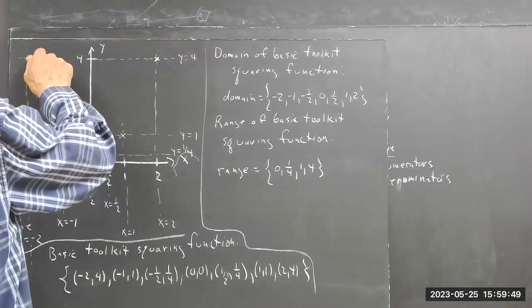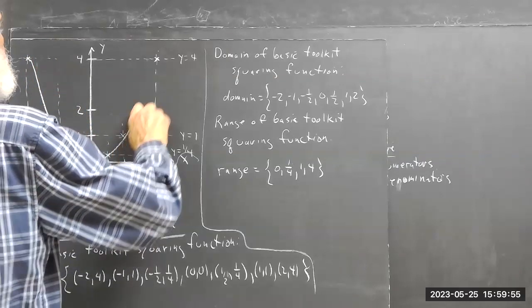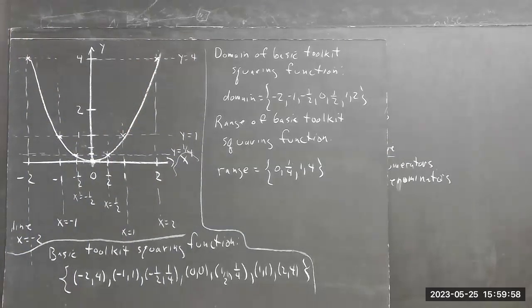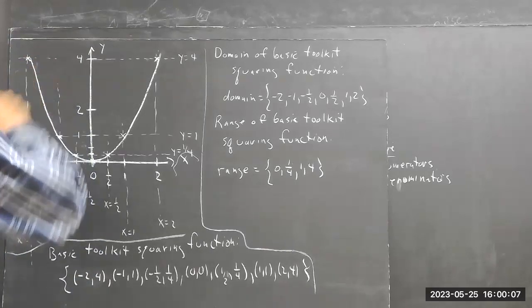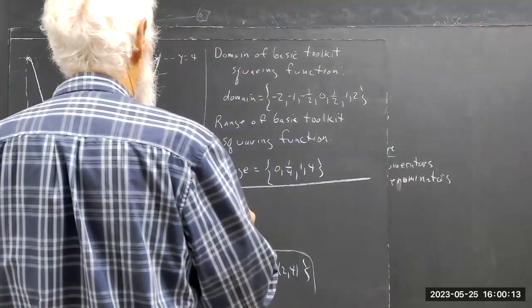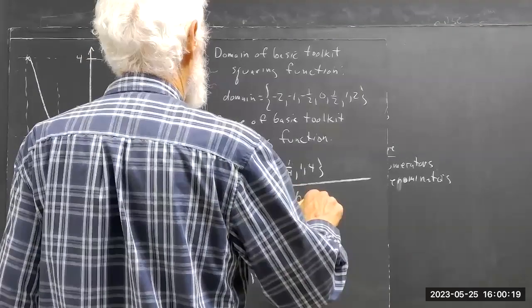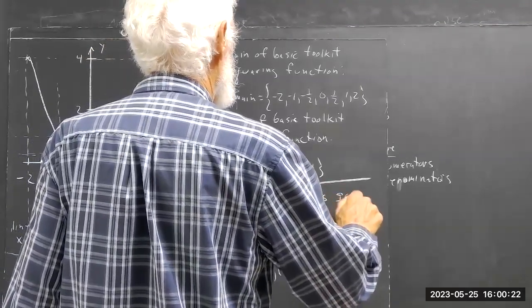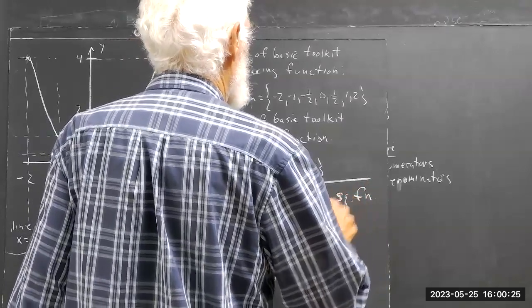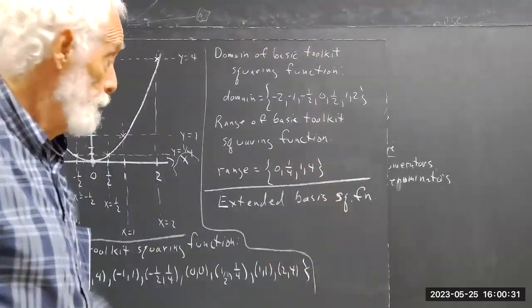Okay, so we draw a smooth curve. Let's see how smooth I can do that. Okay, it's better than I usually do, but it's not perfect. And when you do it, you're not going to be perfect either. But there it is. Now this curve's called a parabola. I don't want to write out squaring function, it takes too much room, so I'll abbreviate it.